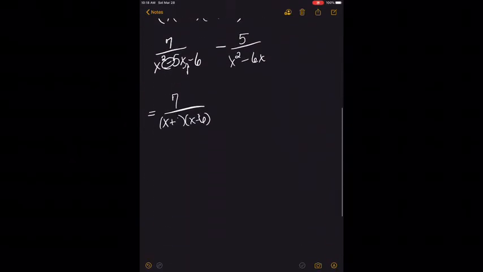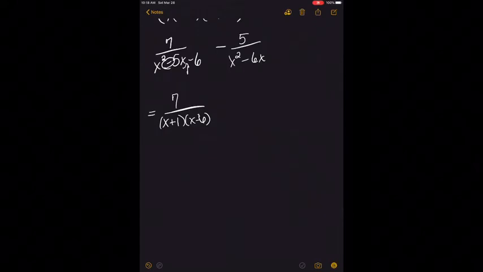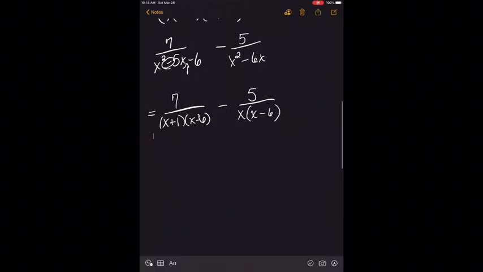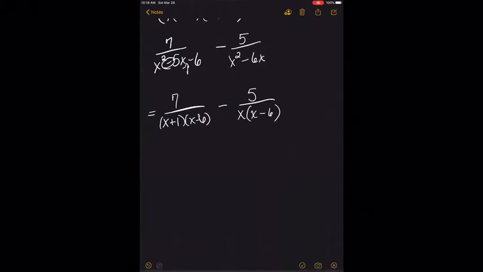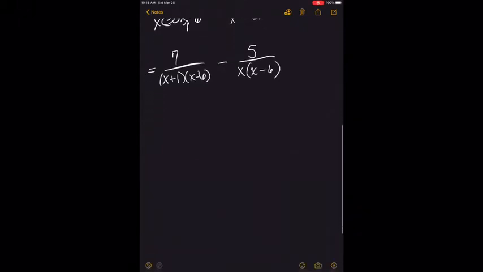All right, the other one is a pretty easy to factor problem. You just factor out an x and you're left with x minus 6. So our common denominator will be x plus 1, x minus 6.